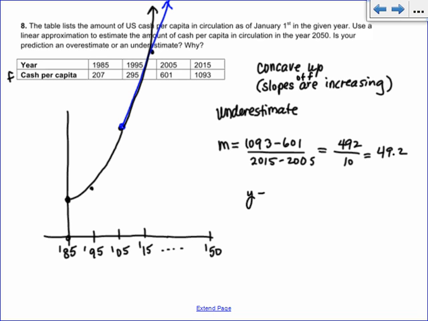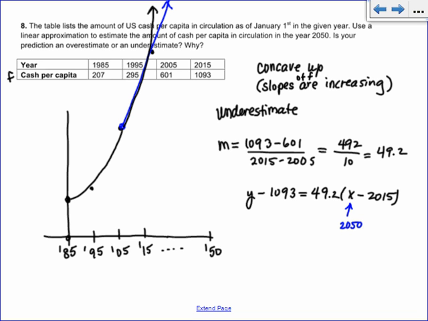So we'd have y minus y1, we'll use the 1093, equals m times x minus x1, 2015. And we can multiply out and get our linear approximation. So we'll do what Jay suggested. We're trying to find it at x equals what? What am I plugging in for x? Yeah, be careful though, 2050. Because if I did 2015 in my problem, I need to do 2050. Does that make sense?